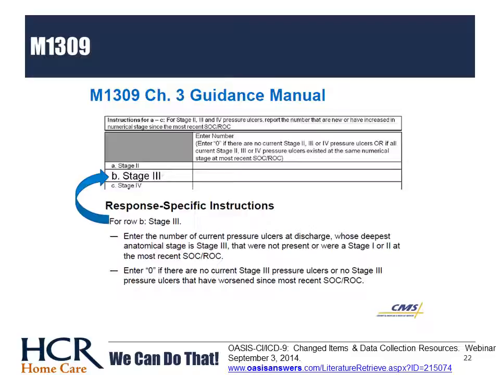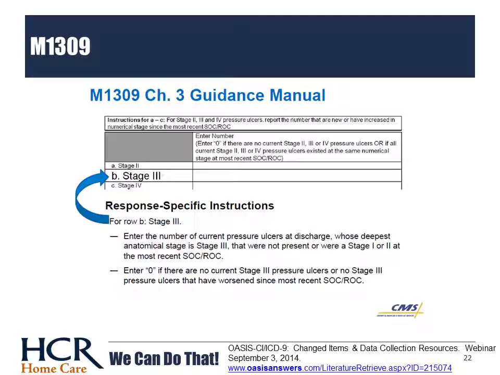So remember, you are going to enter the number of current pressure ulcers present at discharge whose deepest anatomical stage is a stage 3 that were not present at the most recent start of care or resumption of care, or were present but present as a stage 1 or a stage 2 at the most recent start of care or resumption of care.